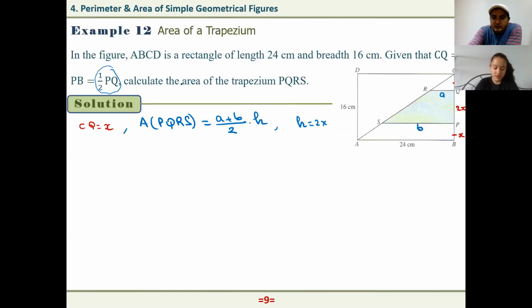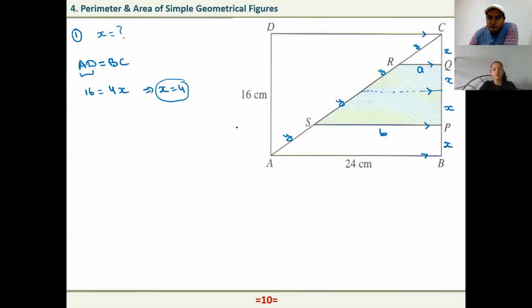Because to find the area, as you see here, I need to find the value of X, then the value of A and B. Another question, Shahina, for you. Okay, we got the value of X. Now, the second step is, I need to find the value of A and B. To do this one, I need to know the value of Y. How can I find the value of Y? Using Pythagorean theorem. Look at this triangle.